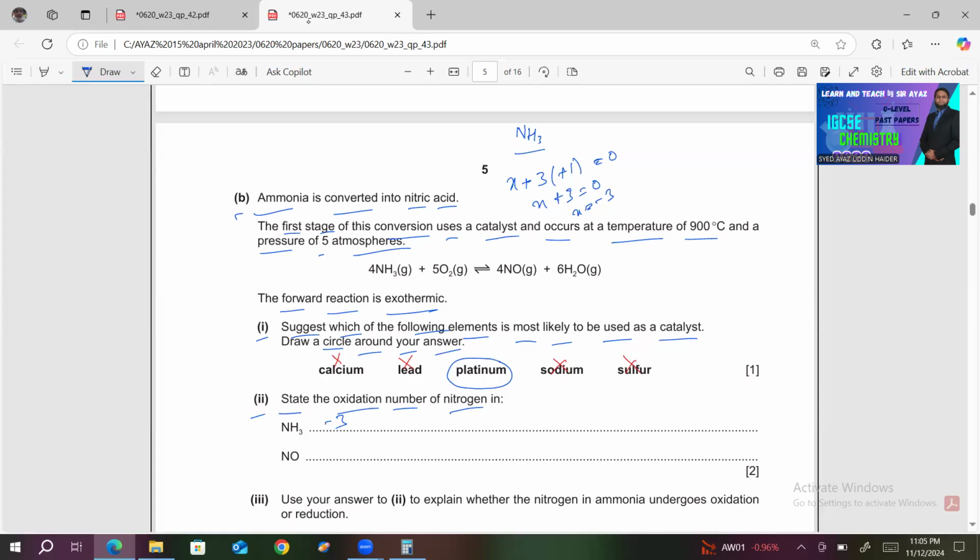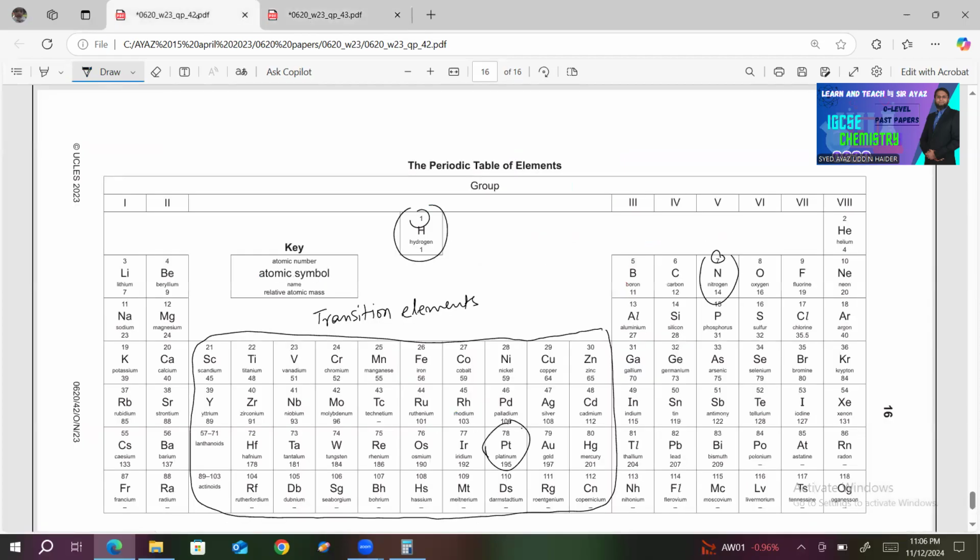What about the oxidation number of nitrogen in NO? Look at the position of nitrogen and oxygen. Here is nitrogen, and oxygen is more electronegative than nitrogen, which means it will carry a minus charge.